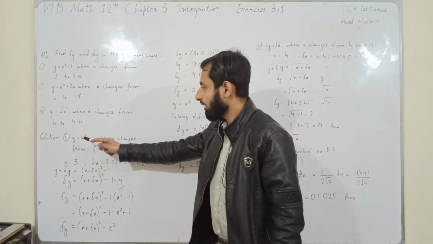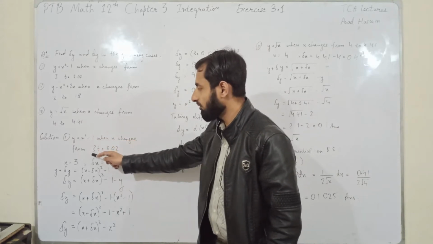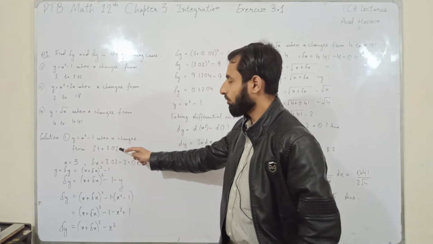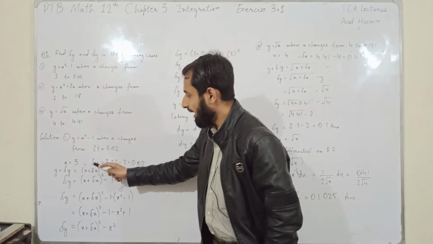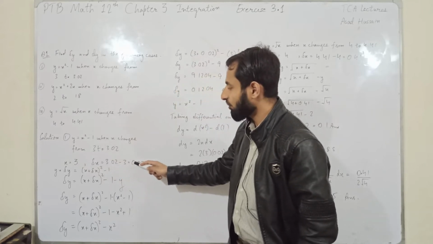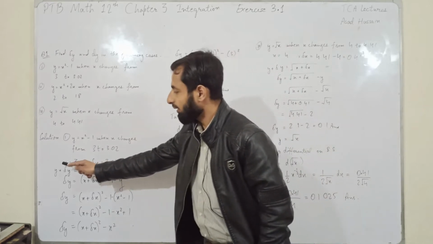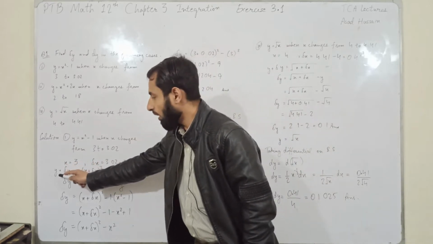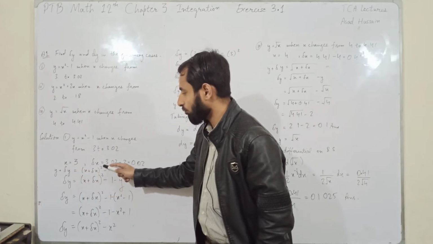Part number 1, y is equal to x square minus 1 when x changes from 3 to 3.02. Here x is equal to 3 and delta x is equal to 3.02 minus 3, which is equal to 0.02. As we know, from first principle, y plus delta y is equal to (x plus delta x) whole square minus 1.